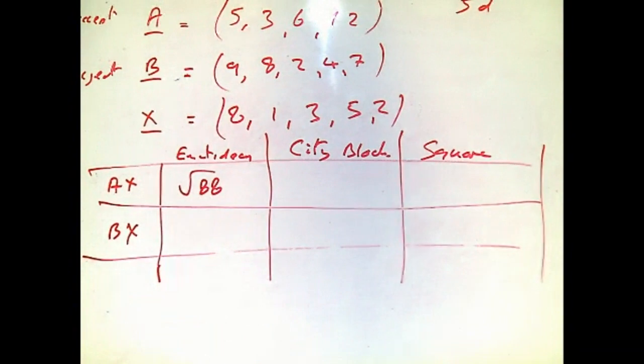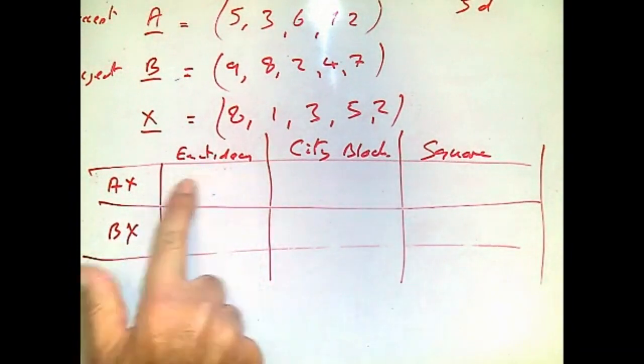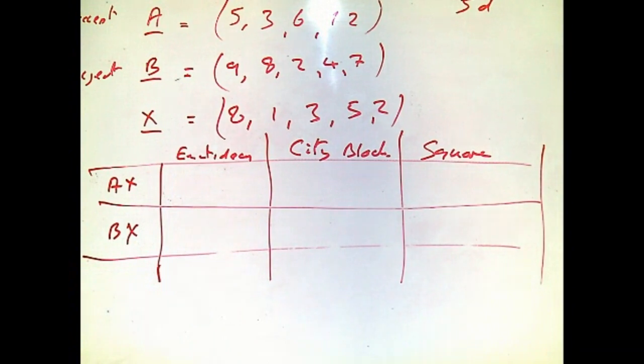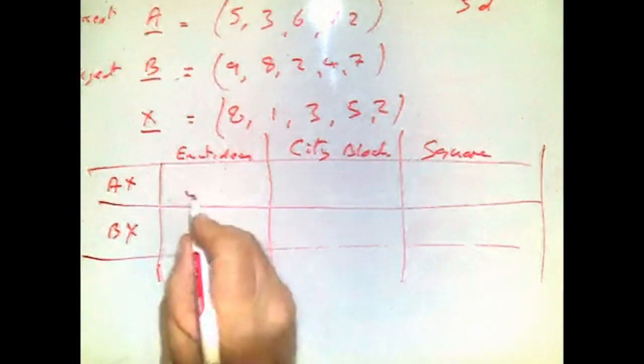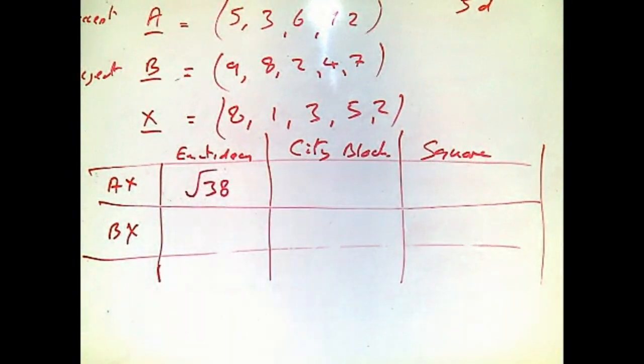You did A and B. That's a method. Root 38, AX. Okay.